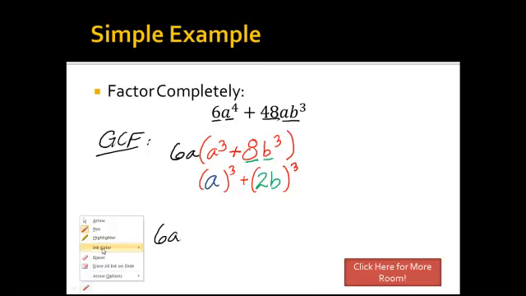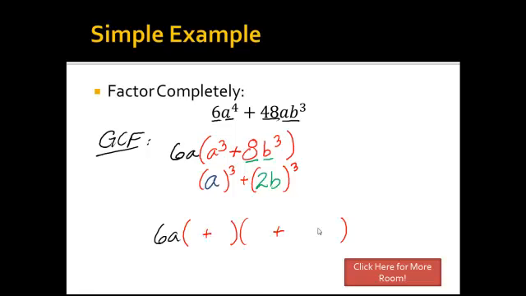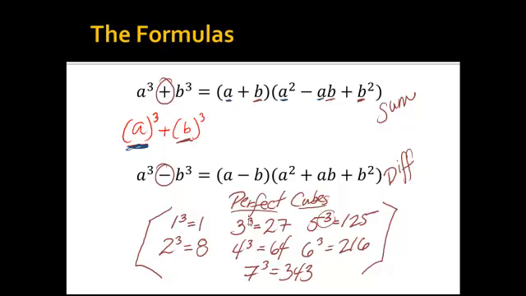So now I set up my parentheses, and I add the plus, because it's a sum. And where am I coming up with this? Well, since I'm looking at the sum, I'm going to start with the sum, difference, sum.